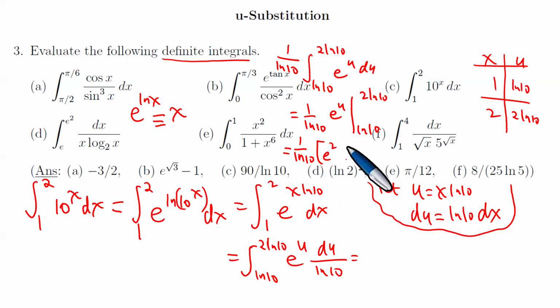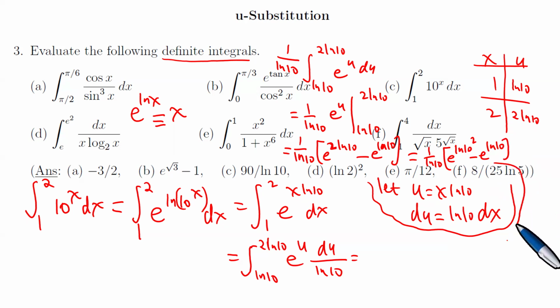We substitute the upper limit of integration first: e to the 2 ln 10 minus e to the ln 10. Now, this is 1 over ln 10 times e to the power ln of 10 squared minus e to the ln 10.